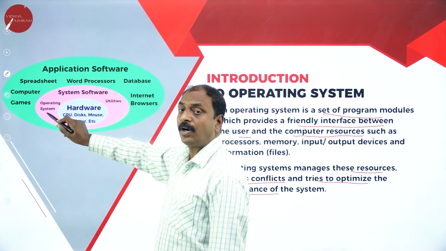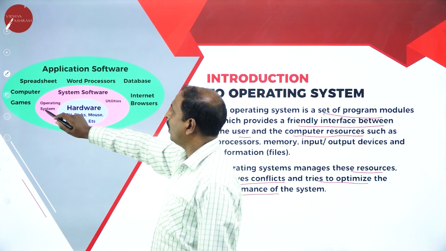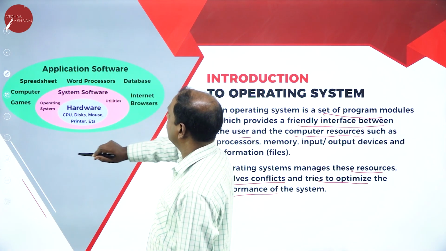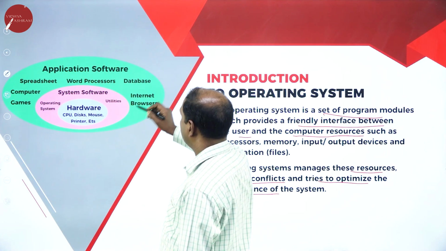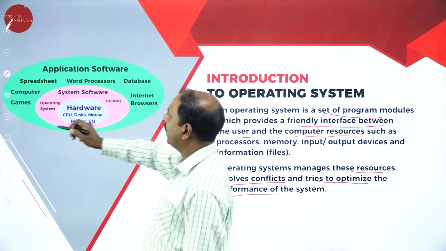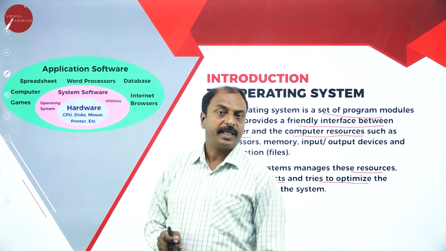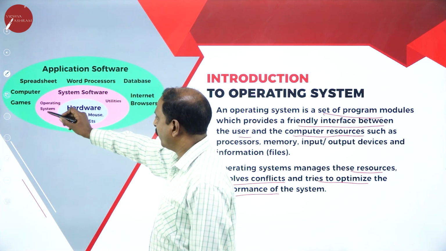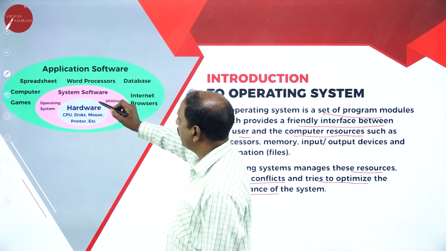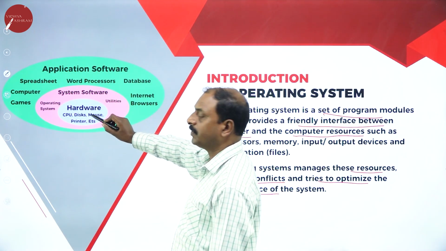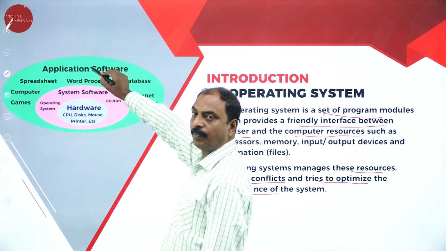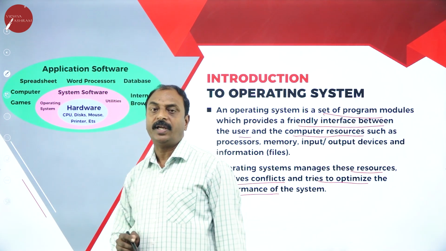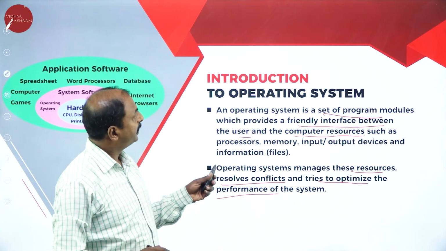It is a platform or a base for all application software. Examples of application software: spreadsheet, word processor, database, browsers, and all gaming software. The system software here is the operating system, and inside we have the computer system. This is the hardware and this is application software, which are nothing but the user and the software. So this is the operating system.